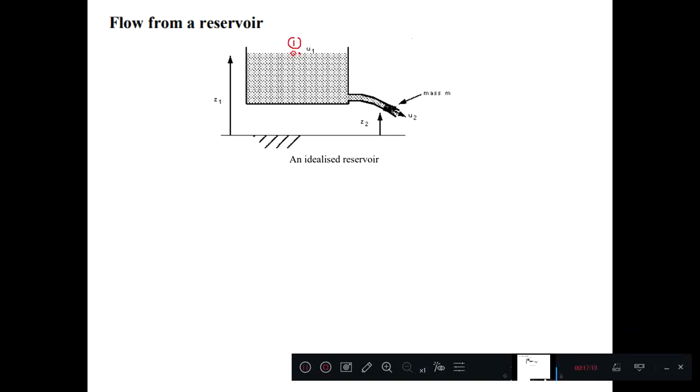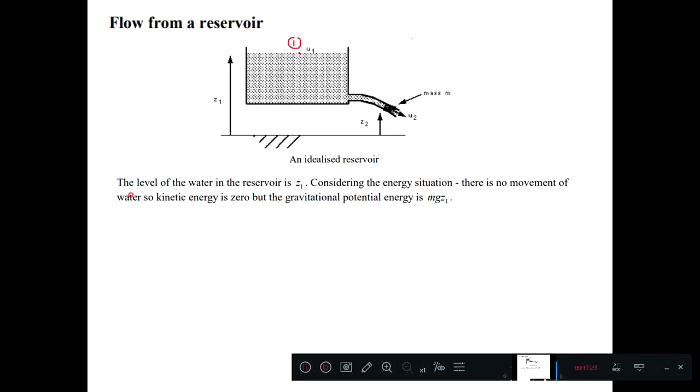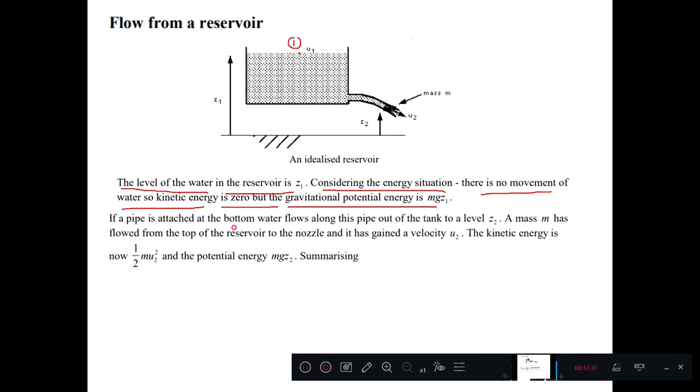So the level of water in the reservoir is Z1. Considering the energy situation, there is no movement of water, so the kinetic energy is 0, but the gravitational potential energy is mgz1 at this position. If the pipe is attached at the bottom, water flows along this pipe out of the tank to a level Z2.